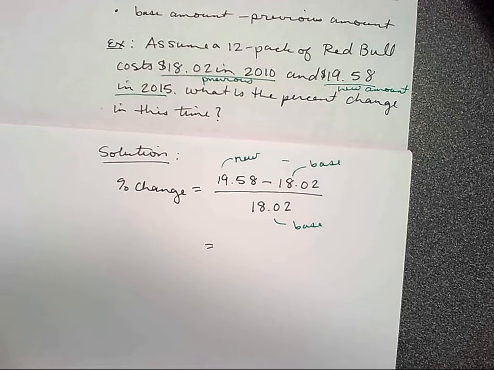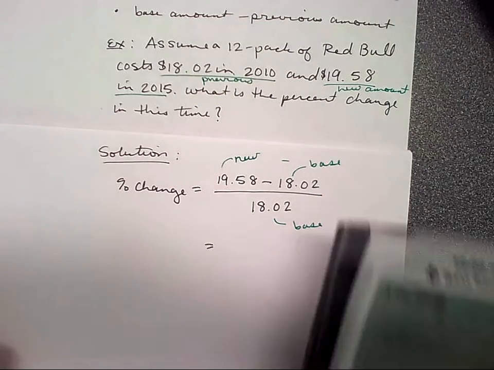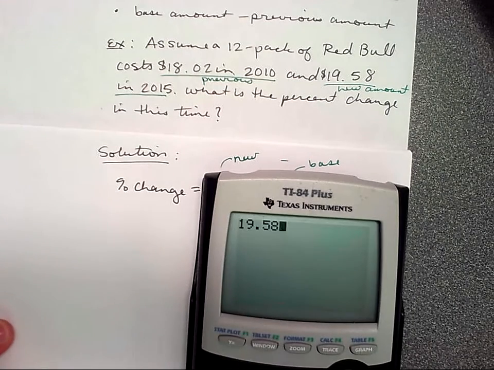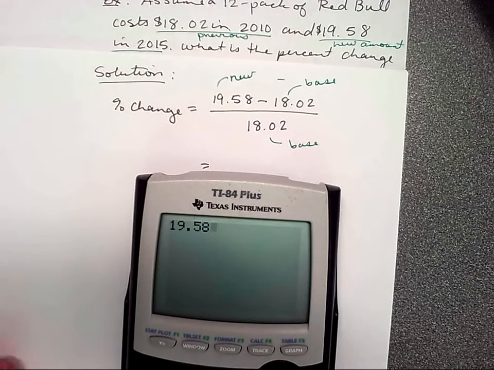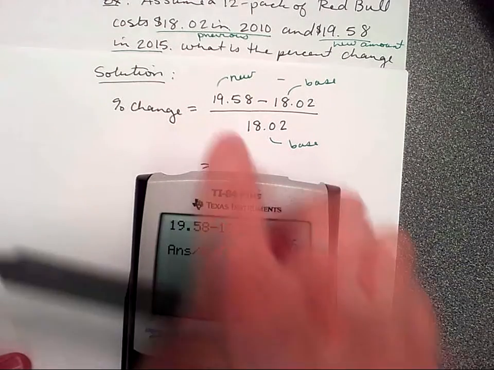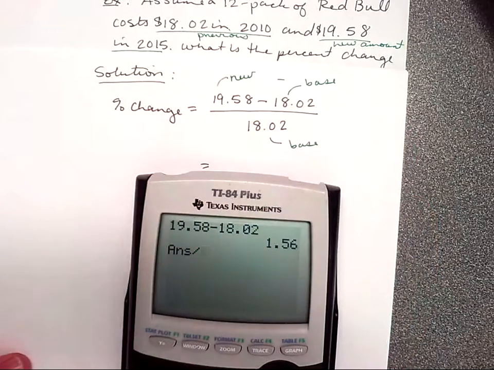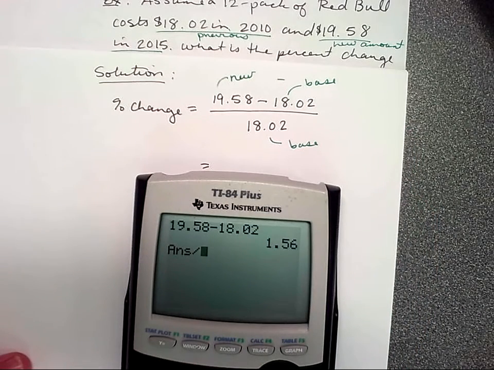Okay, so 19.58. What's important, if you have a calculator like this or even if you're using your phone, is that you need to do the numerator, the top of the fraction, enter, and then divide it. It's the whole numerator divided by the whole denominator. So divide by 18.02.